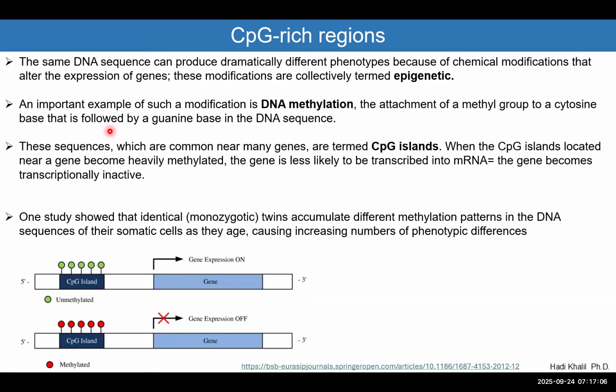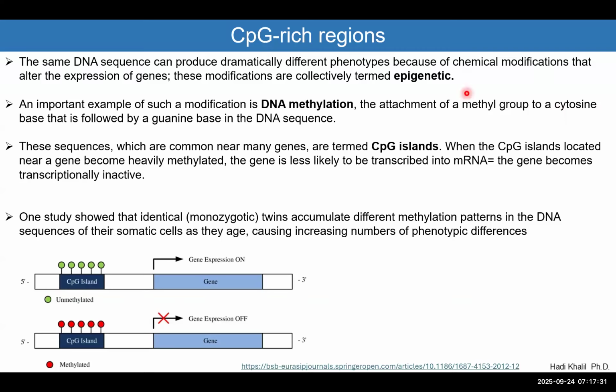Okay, so an important example of this modification is DNA methylation, which means you are adding a methyl group to the DNA. And this is an attachment of a methyl group to a specific DNA nitrogenous base, which is the cytosine, the C, okay?